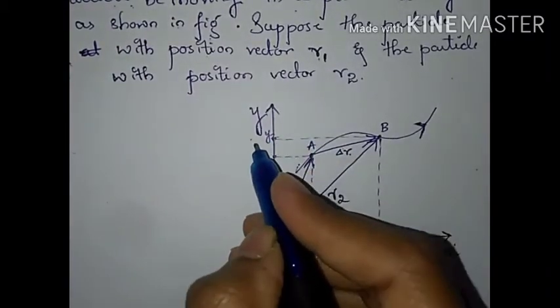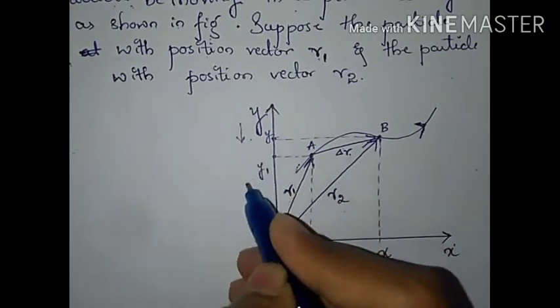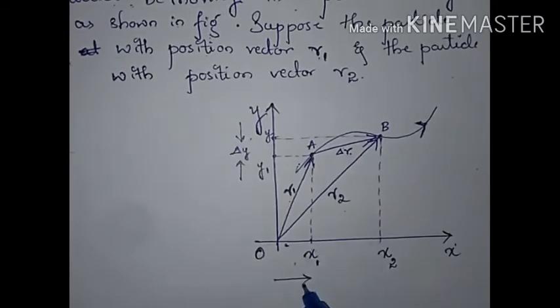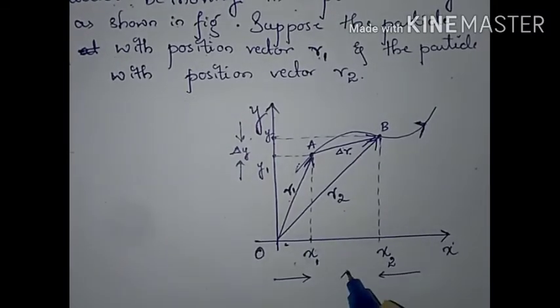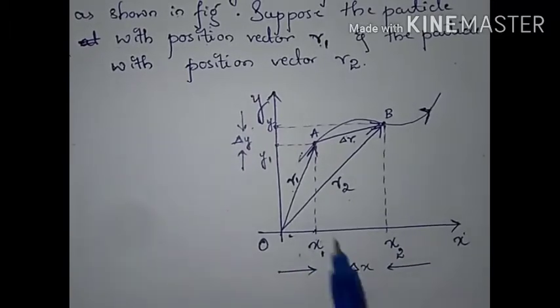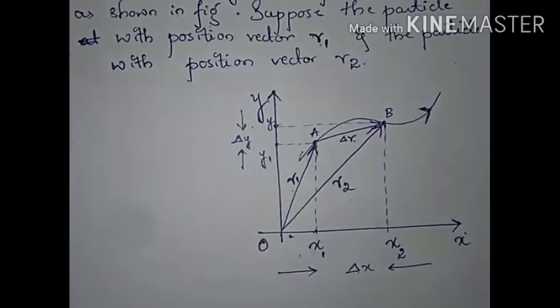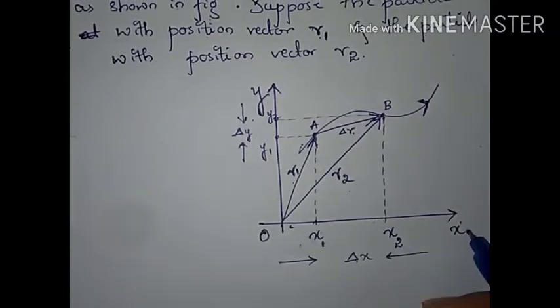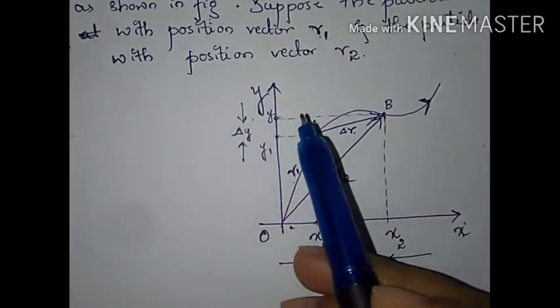So from here to here gives delta y, and from here to here, that is delta x. So this range is delta x and this range is delta y. Hope this is clear to you all. So this is x-axis and this is y-axis.